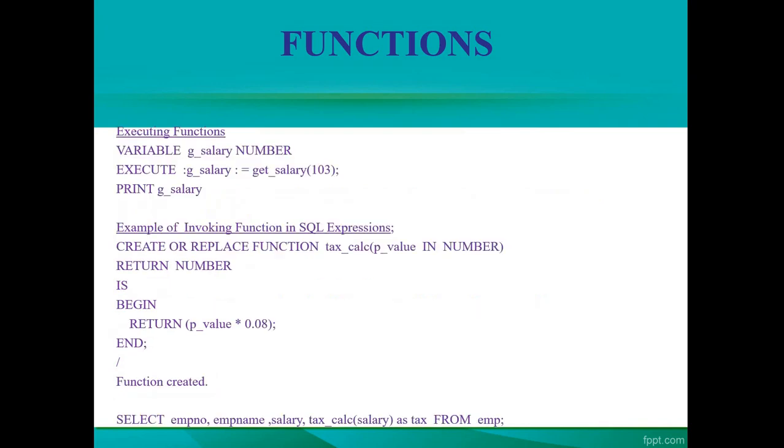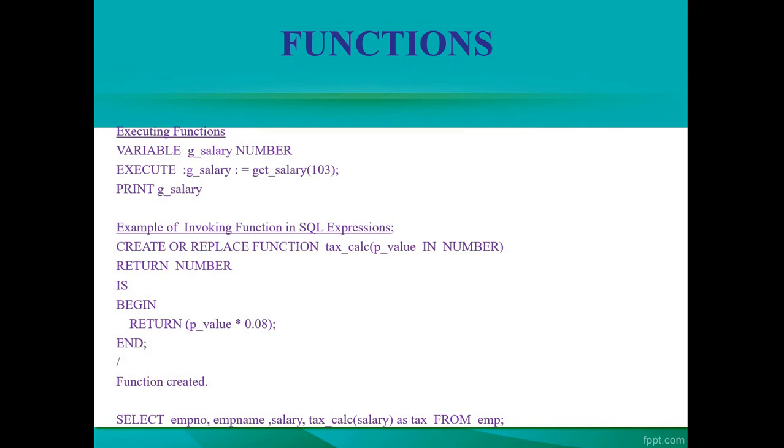In the next slide, we are going to see how to execute this function. To execute this function, I have to declare a bind variable to store the value returned from the function. So by using the keyword VARIABLE g_salary NUMBER, now I am going to execute the function. EXECUTE :g_salary, that is the bind variable.